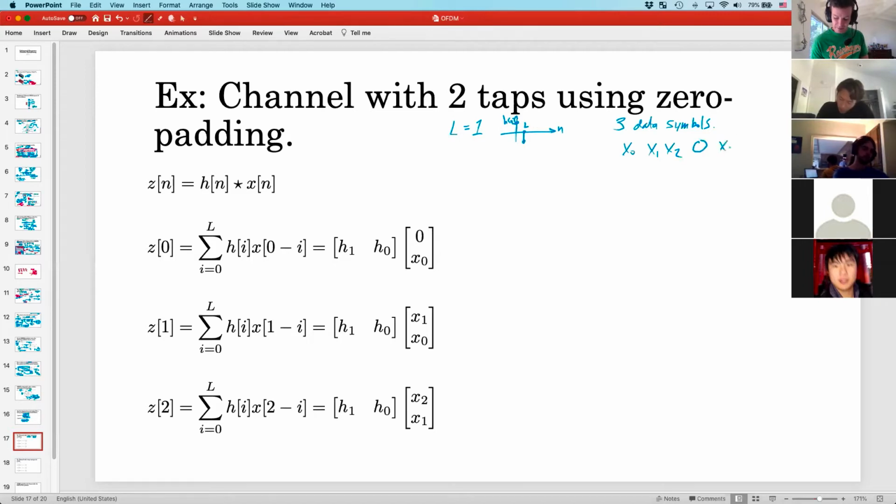And then we would have x3, x4, x5, and then another single 0. So the L equals 1 tells us how many zeros to put in. And the frame length is a little bit arbitrary at this point. Mainly, I just picked 3 to make it computationally feasible.